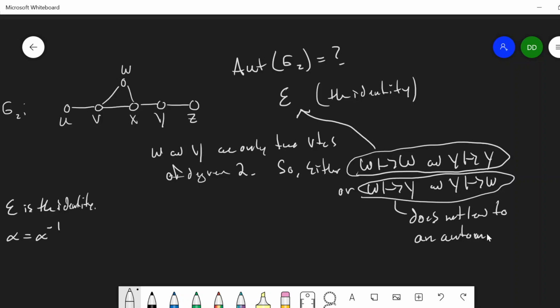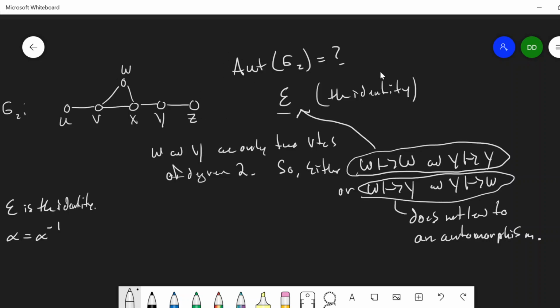Remember, we have to preserve adjacencies. That is, if Y is adjacent to a vertex of degree 1, it has to get sent to a vertex adjacent to a vertex of degree 1. So this tells us that epsilon is the only automorphism.